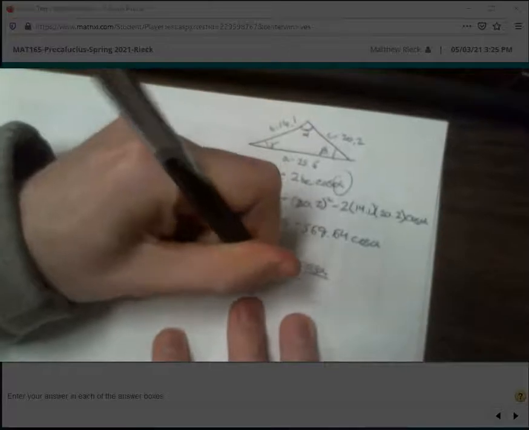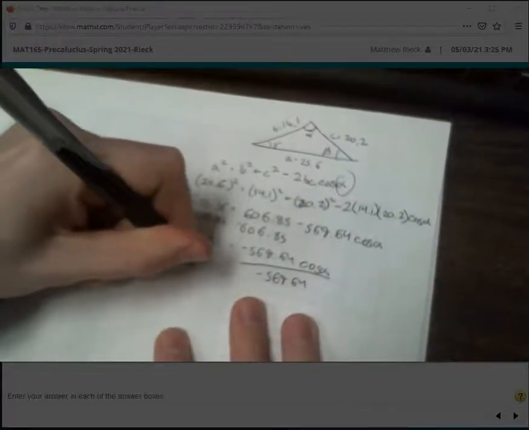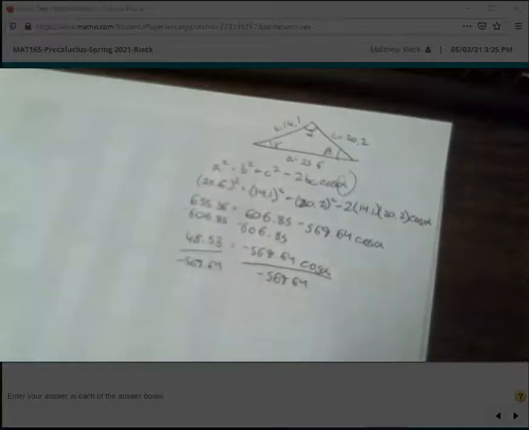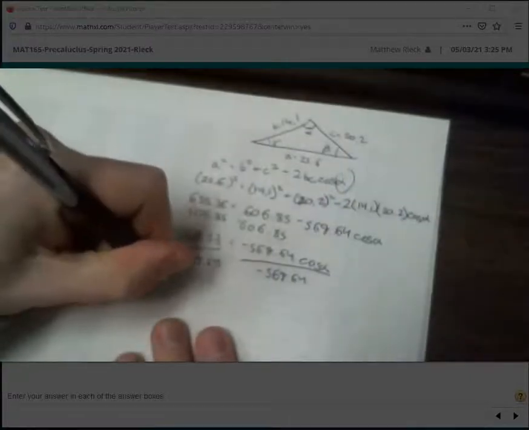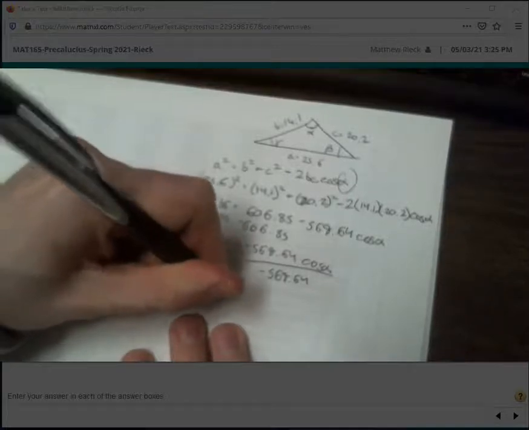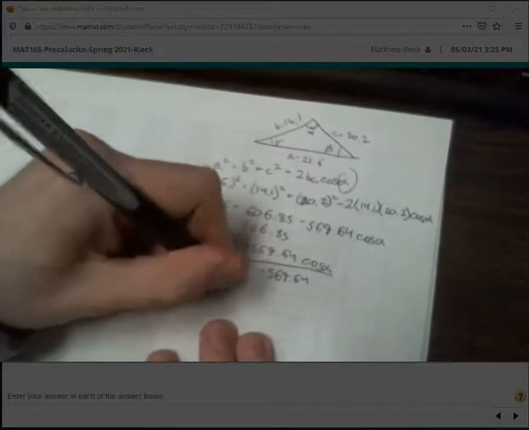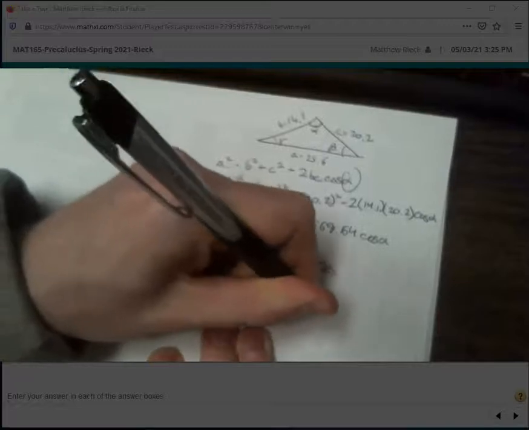Divide both sides by negative 569.64. So you have about negative 0.08519 dot dot dot. That equals the cosine of alpha.